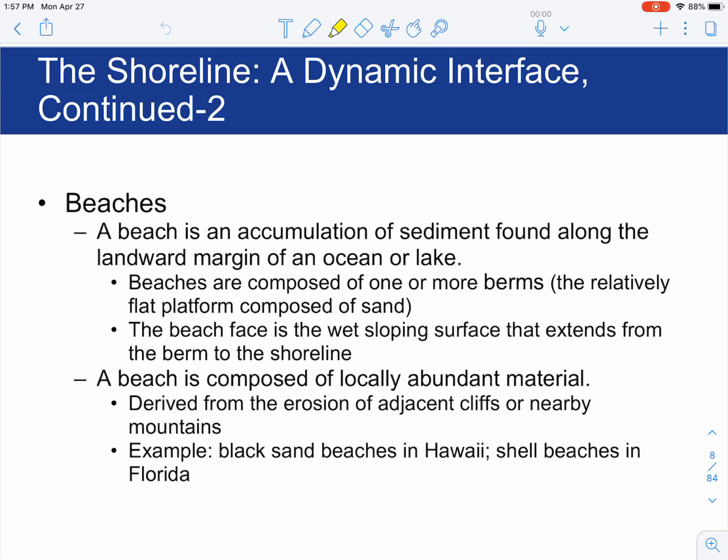So you get deposition from inland river systems. You get sediment that's carried and deposited from longshore currents or wave action. And because of this change in the budget of sand being eroded and then deposited, you obviously get really crazy, cool landforms as a result.